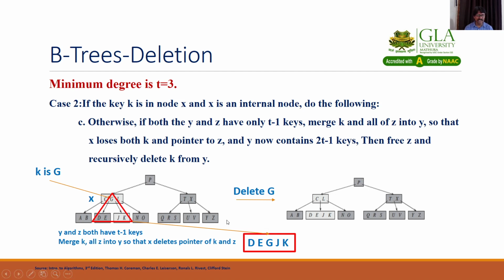After merging, we delete the middle element, G. G will be deleted, and then D, E, J, K will be placed in between C and L. So this is the third case of case number 2, which is applied over internal node deletion.